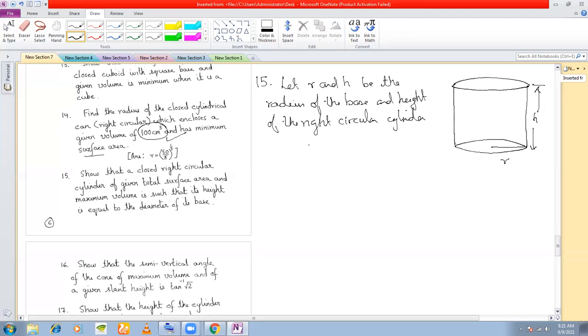Fine. So now the surface area of the cylinder is given to you. Given total surface area, therefore S, total surface area, is equal to, formula for total surface area is 2 pi r into r plus h. Now before this, let me just write here r and h are both variables.